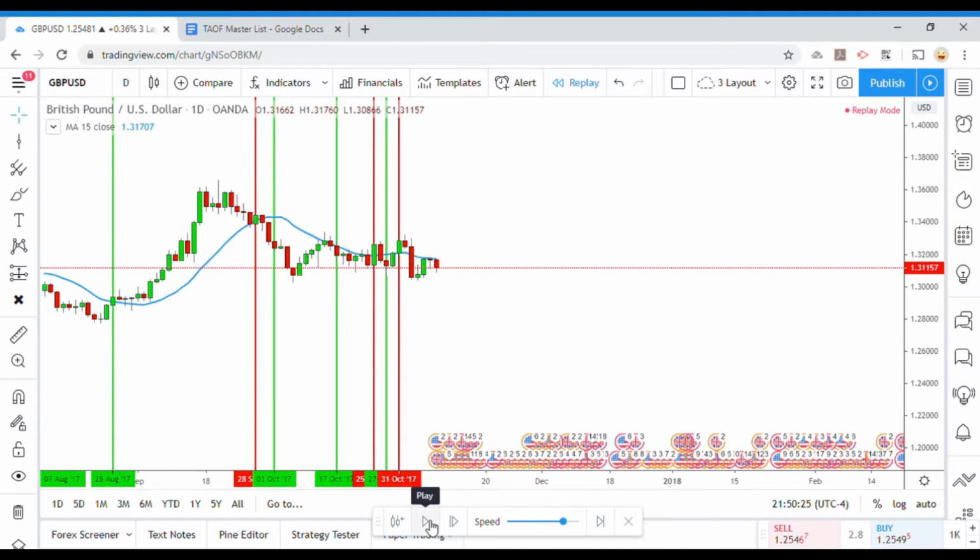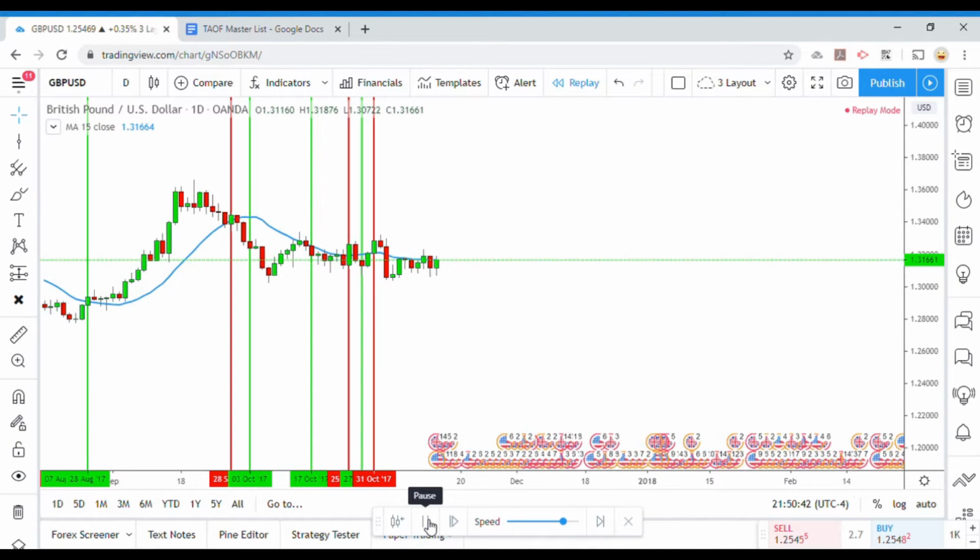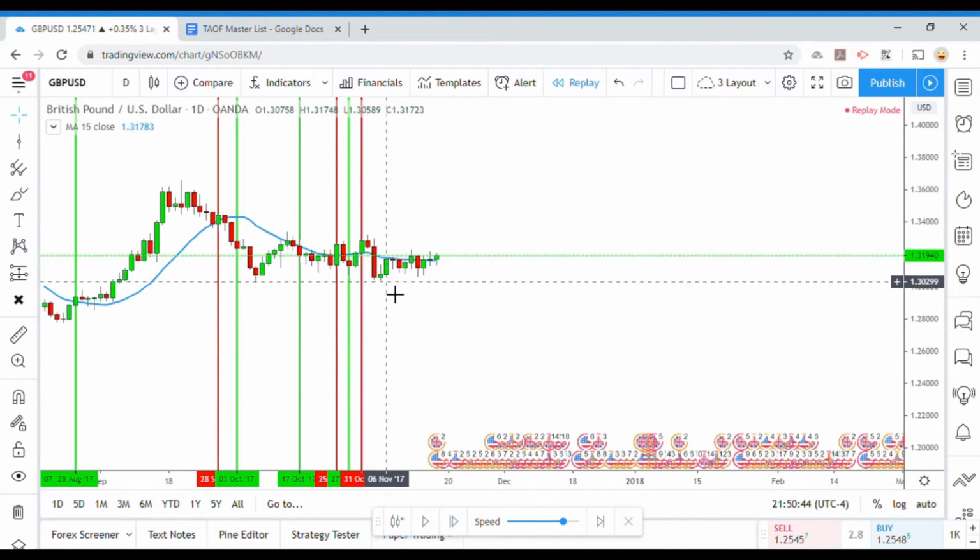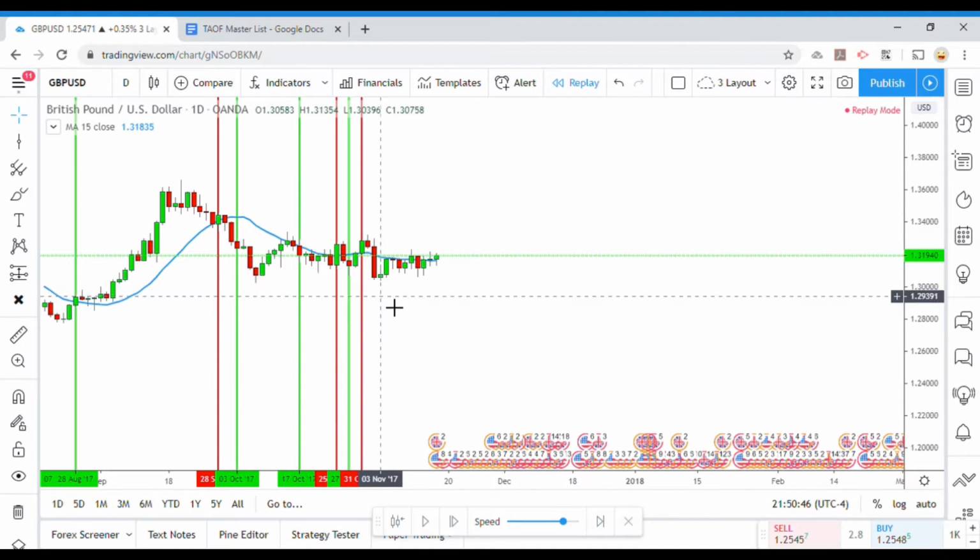And this is another reason why I trade on daily charts. I have had systems that used the moving averages as my signals.